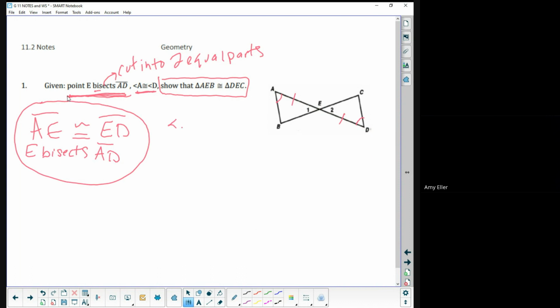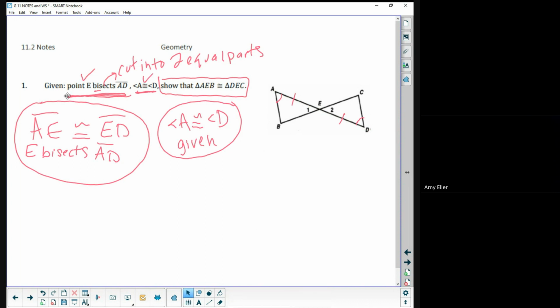So simply copy angle A, congruent to angle D. It was just given. They just told us. So we just write given.